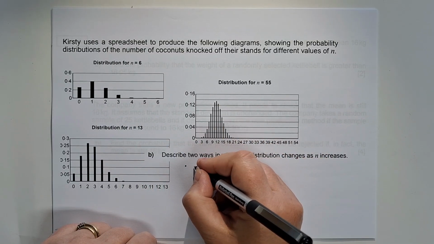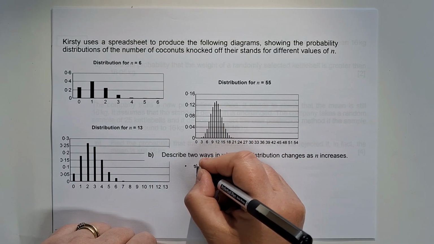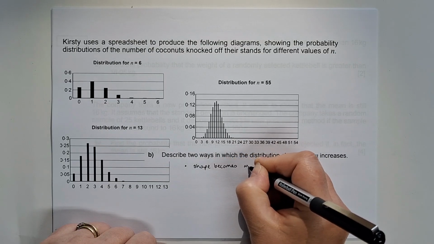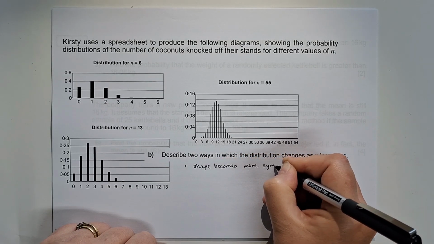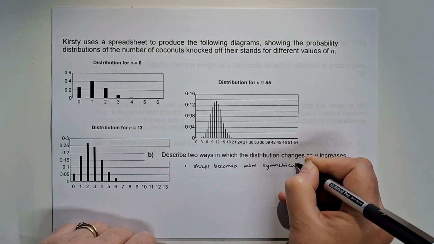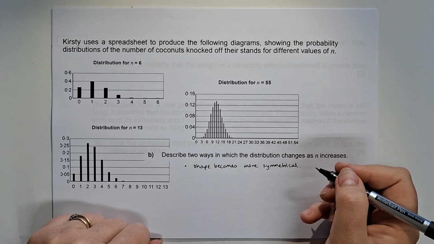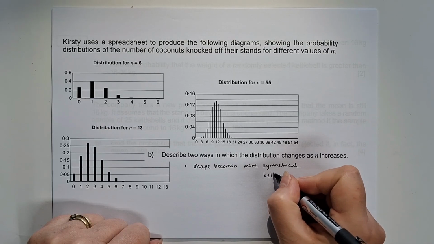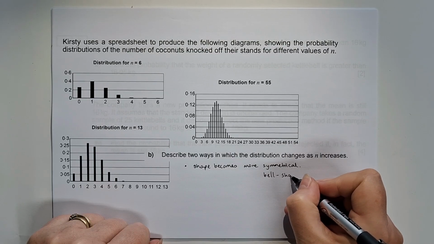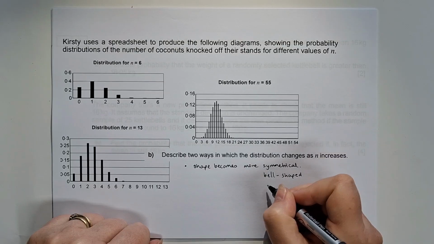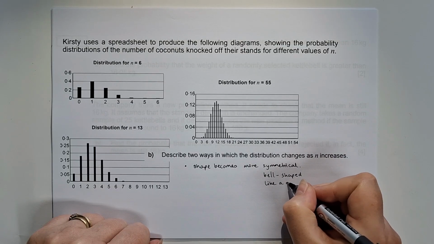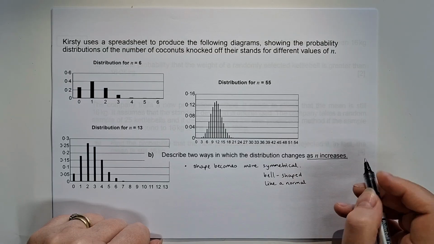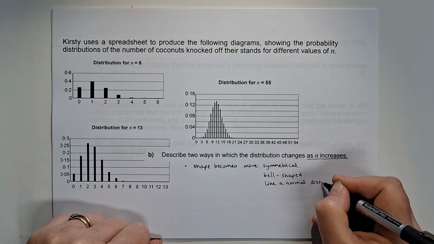Okay, so the actual shape becomes more symmetrical. Okay, so you could phrase that as it becomes more bell-shaped or more like a normal distribution. You don't have to say as n increases because that's in the question. That's helpful.